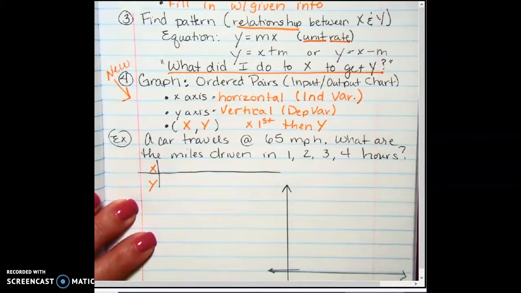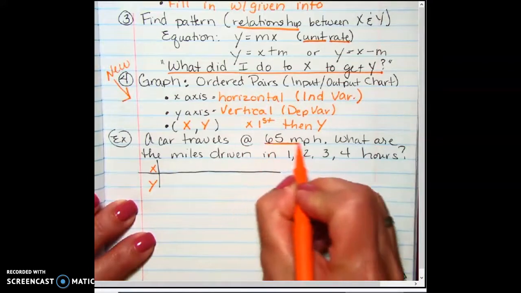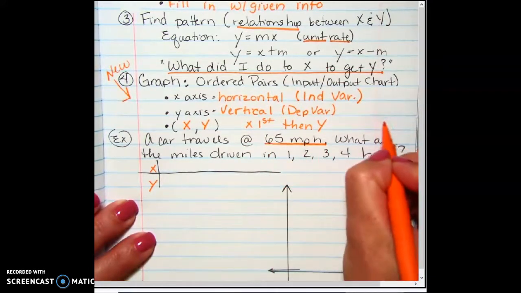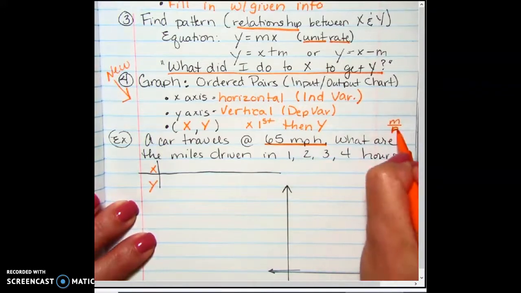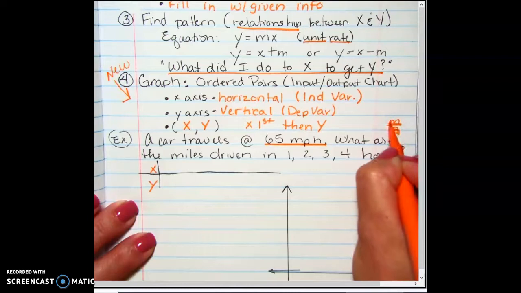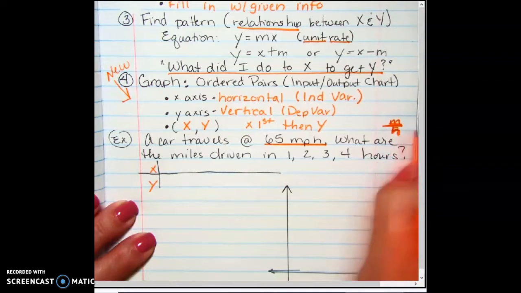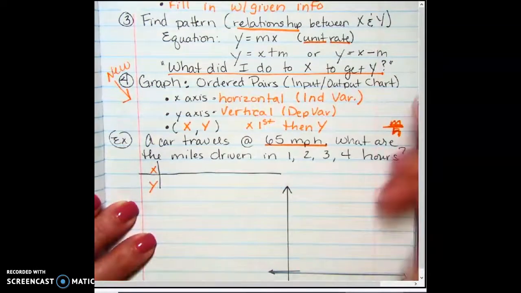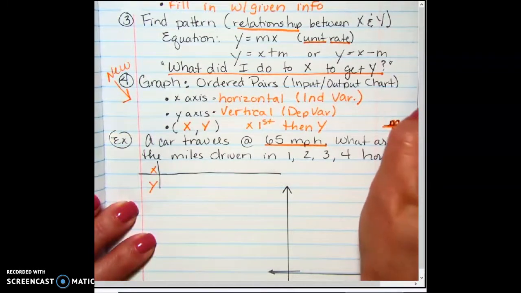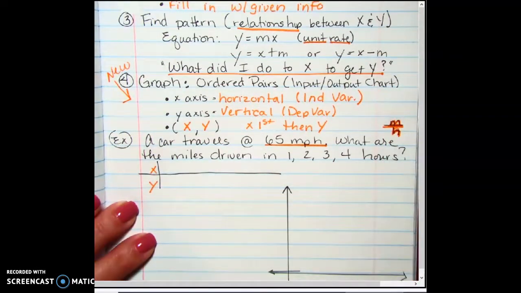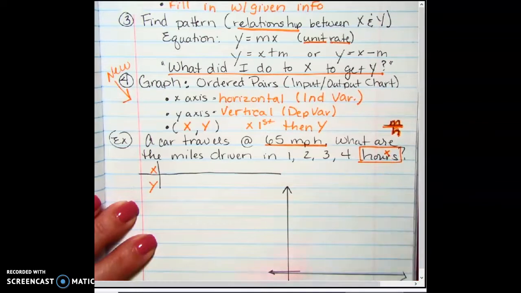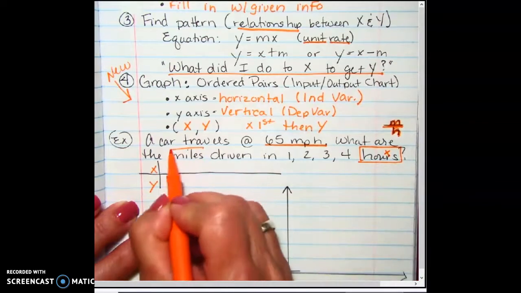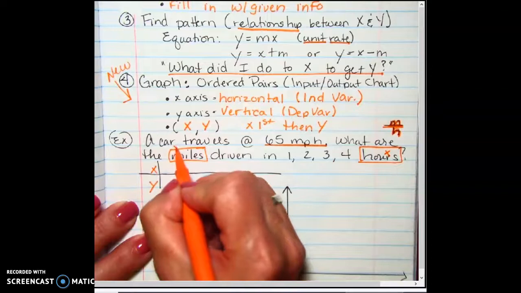Because I have 65 miles per hour. Well, guess what? Miles per hour, that's considered a unit rate. Sorry, that should be an h. Miles per hour. I'll rewrite it. So guess what? Hours is my x and the miles is my y.